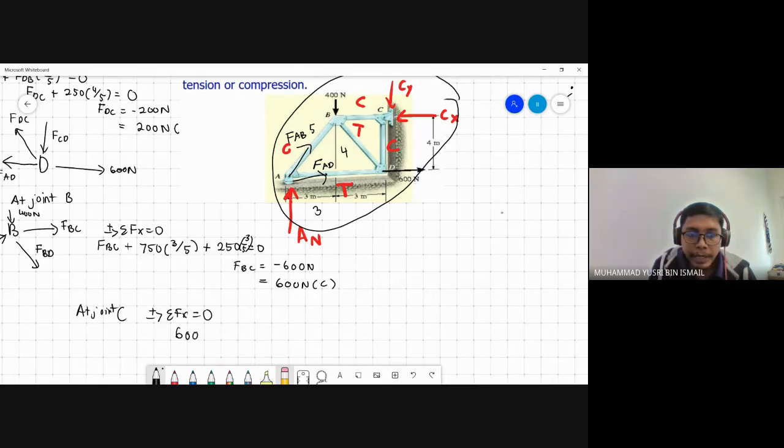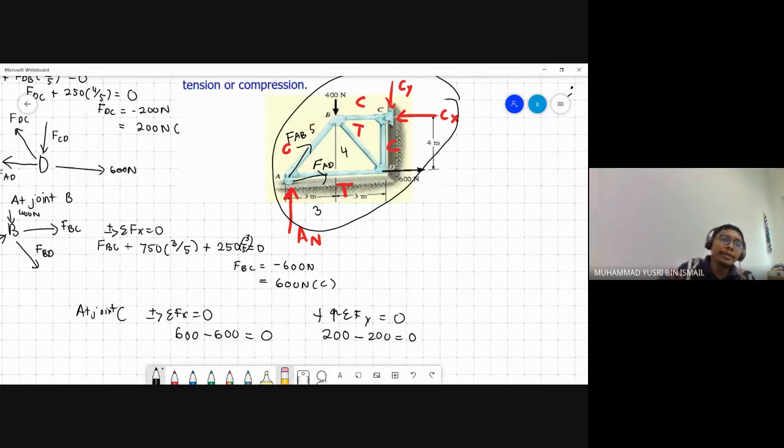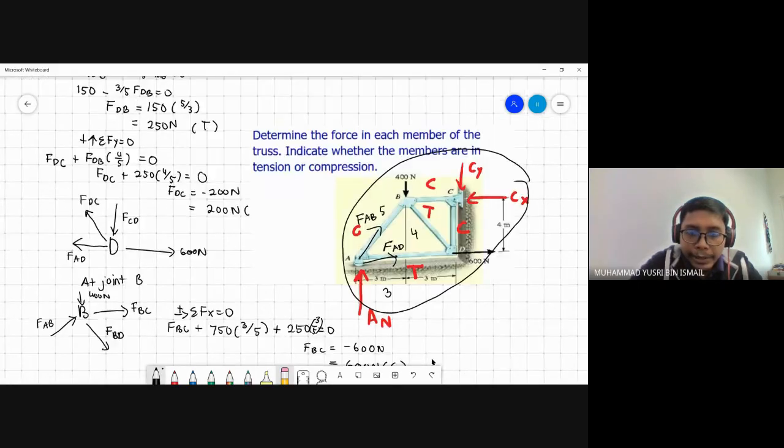So 600 minus 600 equal to 0. And then for Y, FDC is in compression, which is equal to 200 minus 200 equal to 0. So you can conclude that your trusses is in equilibrium. Okay, that's finished for method of joint.